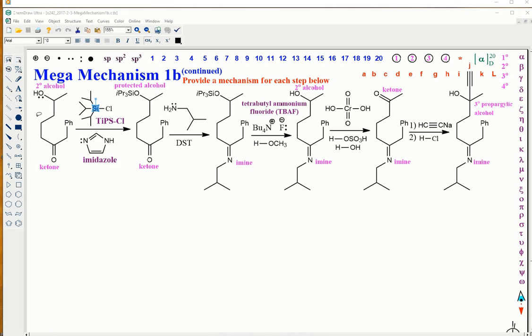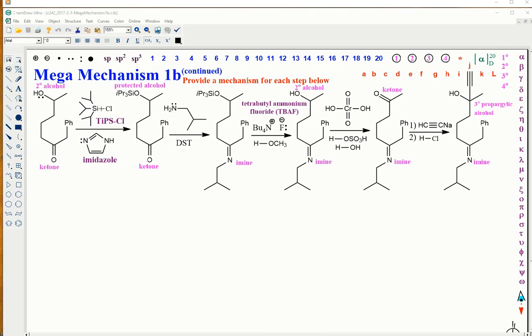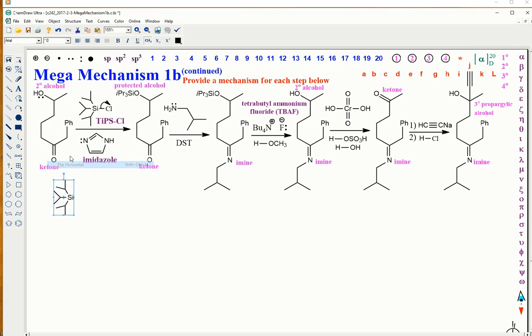In the mechanism, the first step, triisopropylsilyl chloride undergoes ionization because silicon is less electronegative than carbon, so it generates an even more favorable cation than would be a tertiary carbocation.